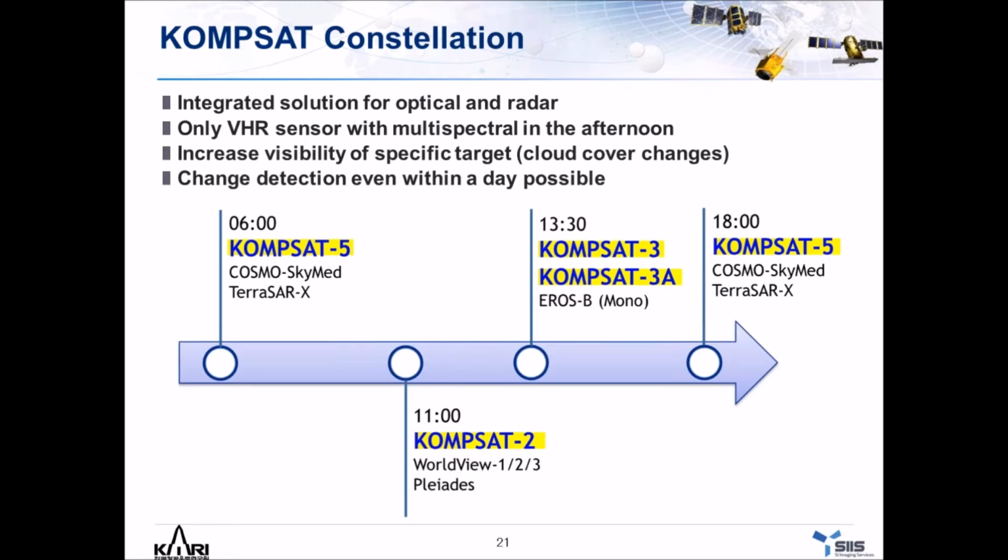So a frequent chance of imaging is very important to get a cloudless image or to do very urgent monitoring. By using this combination of the Kompsat constellation, the visibility of a specific target will be increased, and change detection within a day is also possible.